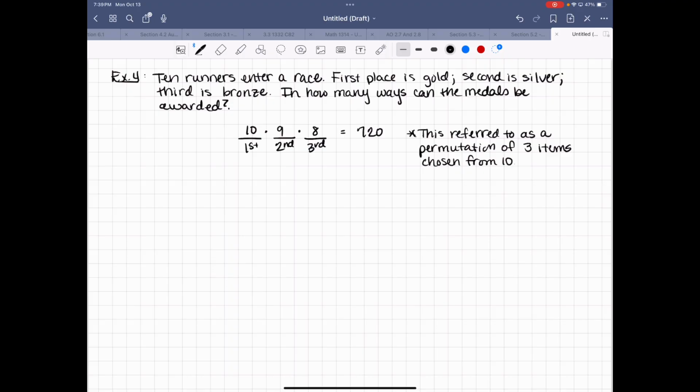Now, you'll notice we've written something like that each time, okay? It's because in the next part, we show our notation. We talk about permutation again.